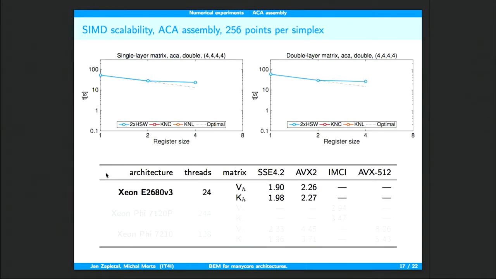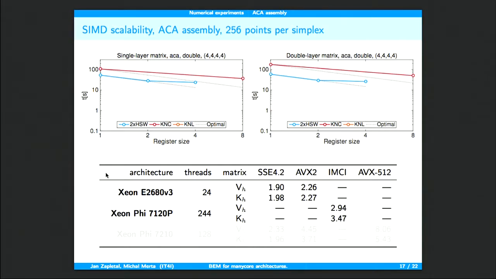Again, the SIMD scalability on Haswell, very similar results to the full assembly. On KNC, almost 3 and 3.5 for both matrices, and on KNL again the vectorization works nicely, but still I get more than optimal results here, especially for the AVX2 and SSE 4.2, and I get something that I would expect more for the matrix K here.